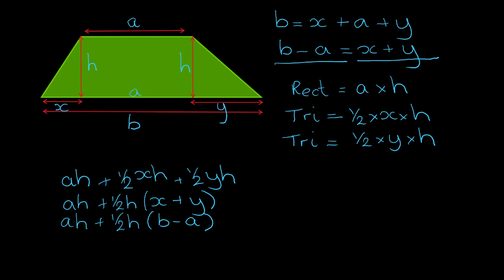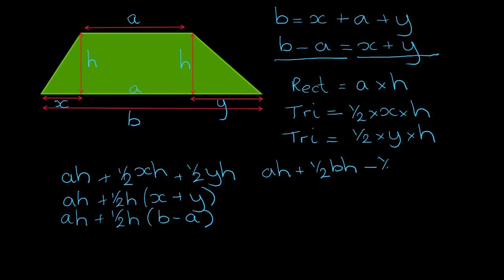If we expand that, we get AH plus a half BH minus a half AH. So we've got AH minus a half AH, which means altogether we've got a half AH plus a half BH, and now if we factorise out the half and the H, we get our half (A plus B) H.